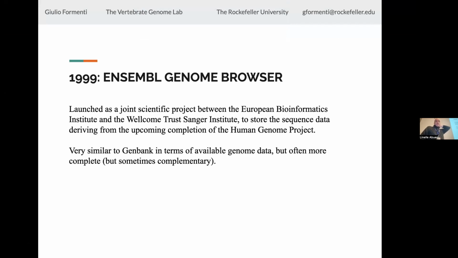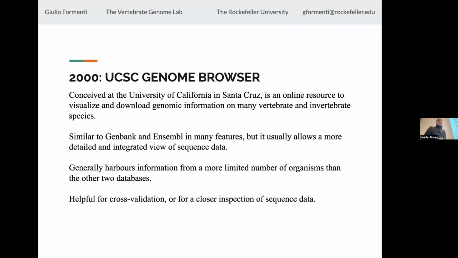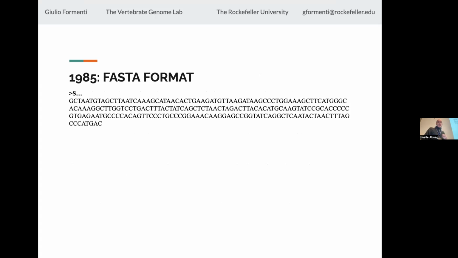That was essentially used to store initially the Human Genome Project data, but then was used for everything like GenBank. We also have the UCSC Genome Browser, started in 2000. It can visualize and download genomic information on many vertebrate and invertebrate species. It has a lot of features that are similar to GenBank and Ensembl, but it's generally a bit more curated, but also has fewer species available.